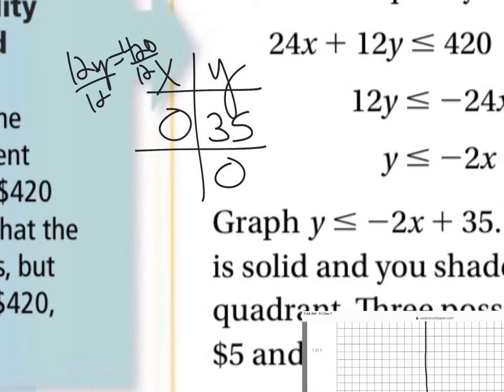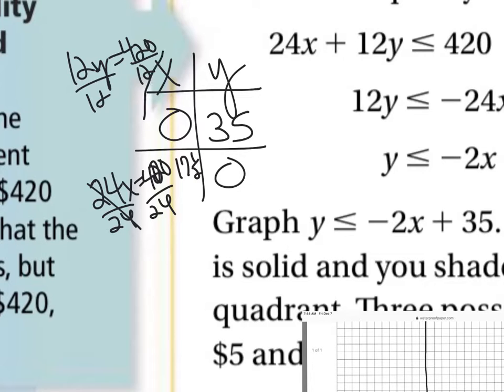Same thing, if you put a 0 in for y, we'll be left with 24x equals 420, and when you do 420 divided by 24, you get 17 and a half. Doing the intercepts like this, you might not get the nicest numbers, but it will potentially be a quicker way of going about this.